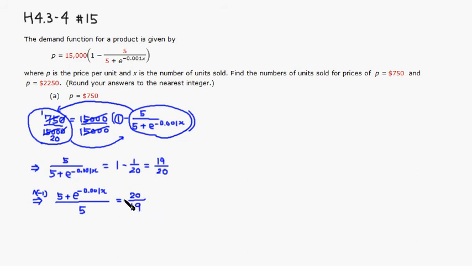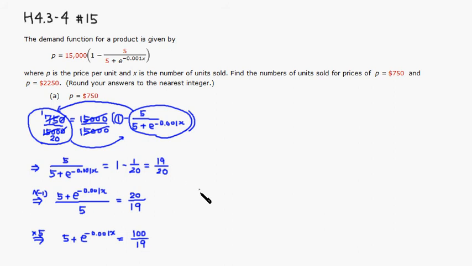The next step is to multiply both sides by 5. That way we can get rid of this 5. So you're going to have 5 plus e to the negative 0.001x equal to 20 times 5, which is 100, over 19.